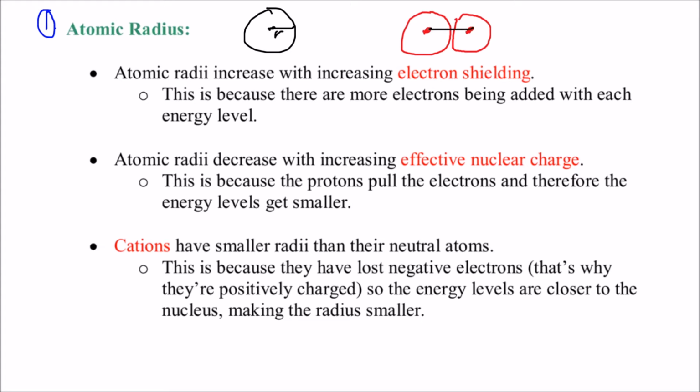Okay, so we have a force of attraction between the electrons and the protons inside the nucleus. The actual definition for atomic radius is that it is 1/2 of the distance between two nuclei of a bonded pair of atoms.